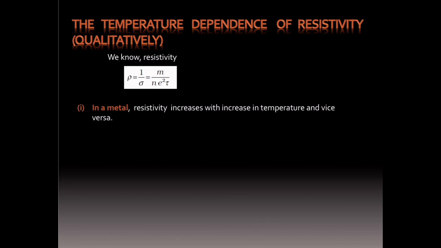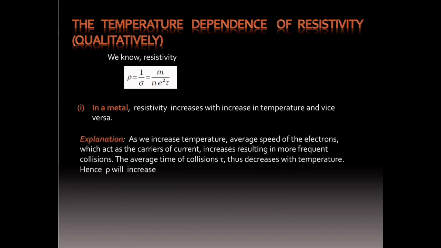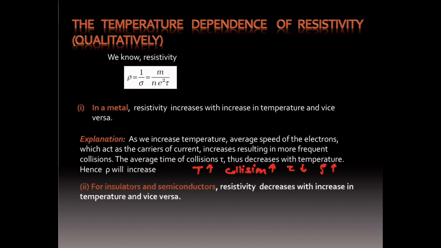Here is the explanation: if temperature increases, then collisions will increase. If collisions increase, then tau will decrease, and by the above relation we can say resistivity will increase. So that's why resistivity increases with increase in temperature.